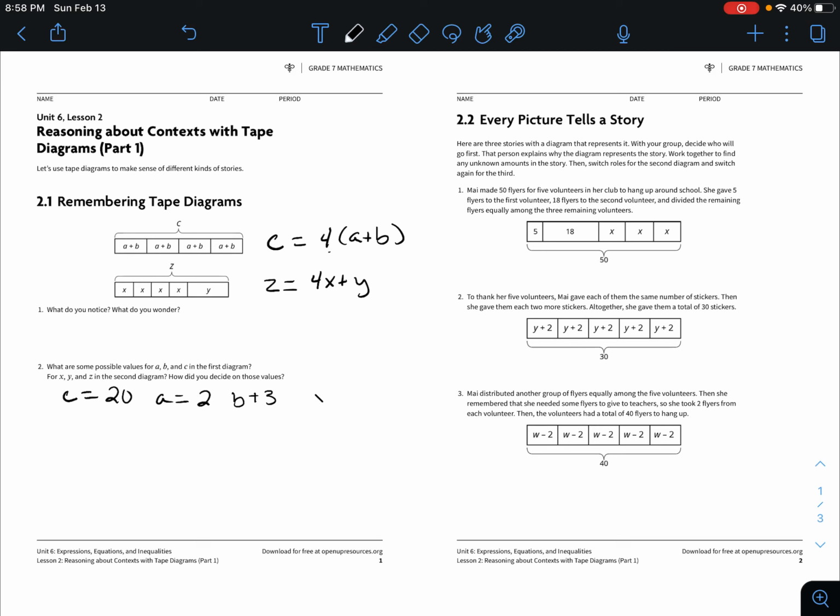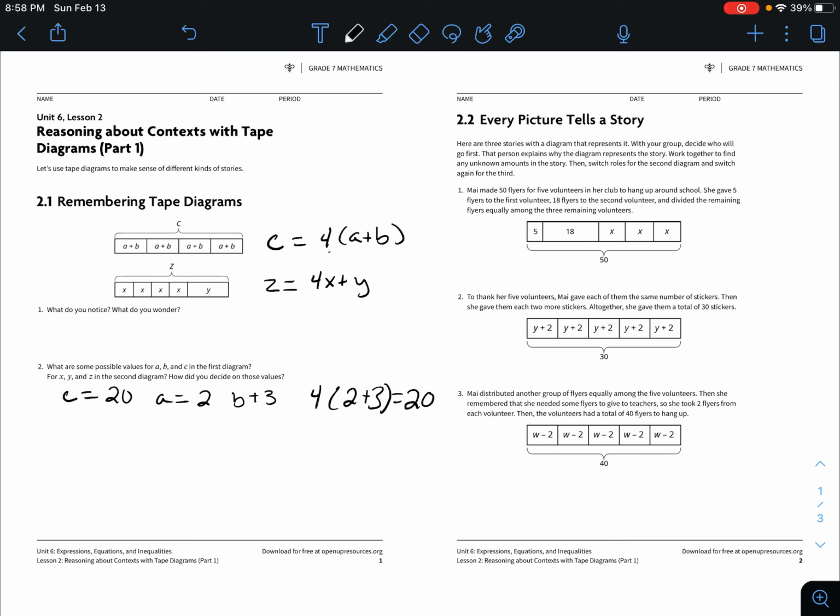So this would be 4 times 2 plus 3, which equals 20. Right, because you're going to multiply the outcome of the addition of the two numbers in parentheses. 2 plus 3 is 5. 5 times 4 is 20. Okay, and there are multiple possibilities here. This is just one I came up with quick. So you might come up with different values there.